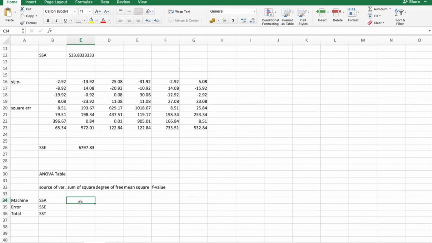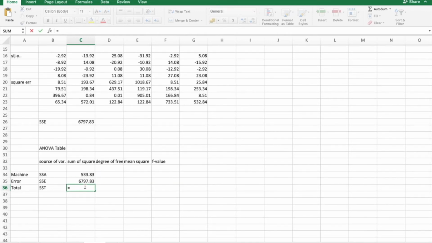What will be the treatment sum of square? 533.83. Sum of square of error is 6797.83. Now total will be nothing but the sum of these two.